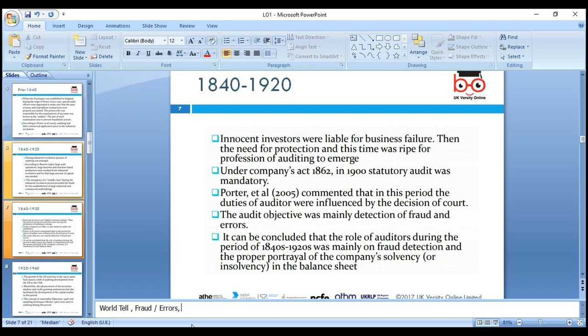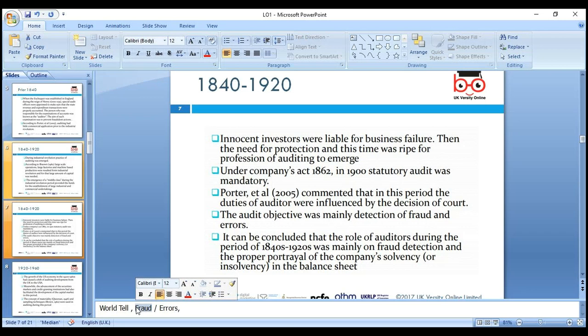By intentionally doing something, you deceive someone. But error is unintentional, you make mistakes. We are human, we can make mistakes. So fraud is intentional. Money laundering and various others come under fraud because you are doing it intentionally.